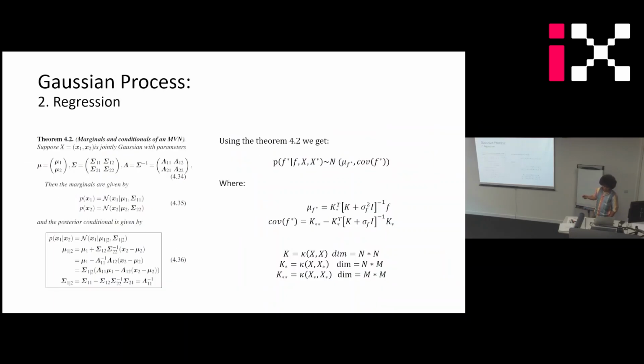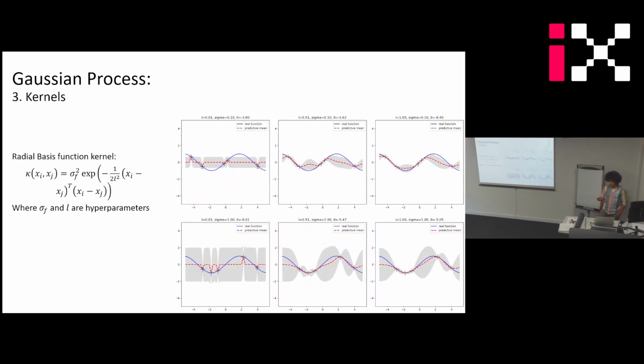I've been talking a lot about the covariance matrix, but in practice, what you need to define is how you get that covariance. It can be a function of how close your different points are in space. For example, here we can use a radial basis kernel, which is Gaussian based.